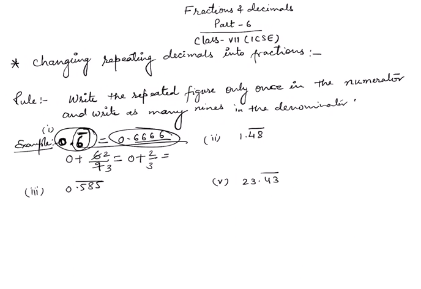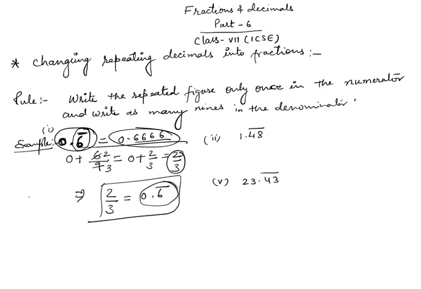If you add 0 to this, the answer will remain the same. So it means 2 by 3 is equal to 0.6 bar. We have converted this decimal into a fraction. Once again I'll explain the method.